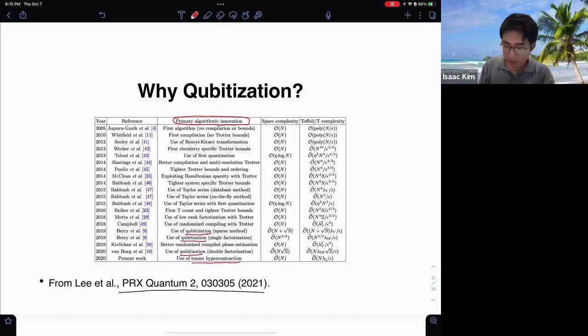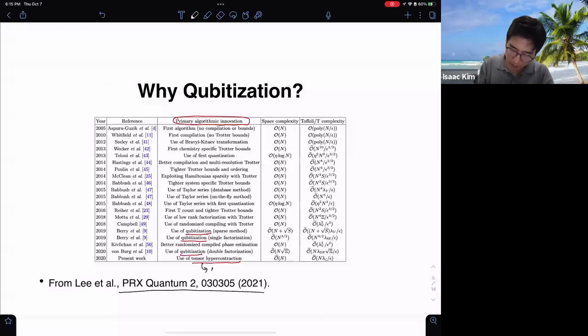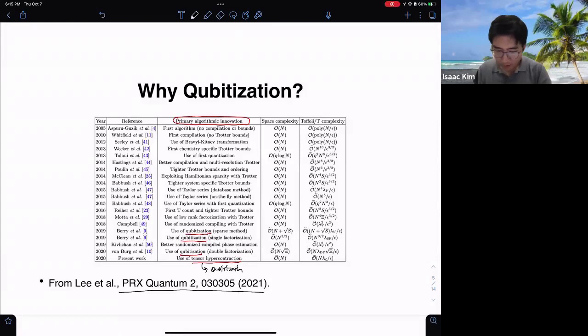Then it says tensor hypercontraction, but this is actually also qubitization. In all the works that I mentioned right here, they always gave a new record for the efficiency of the quantum algorithm for certain very realistic molecules. So clearly, this is the de facto standard for quantum simulation these days.